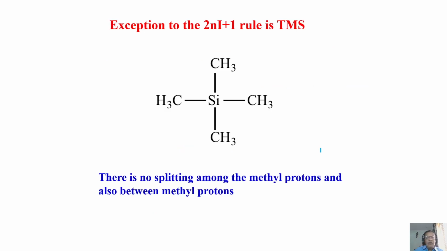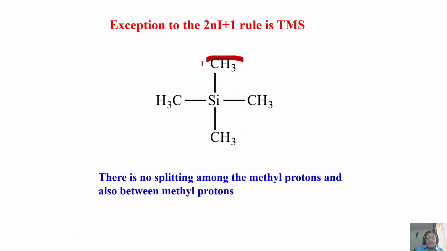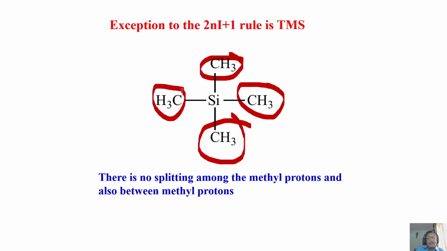Now look at the tetramethylsilane molecule. It's a very simple molecule, and all of you know that. When I discussed chemical shift, I explained that this CH3, this CH3, this CH3, all the CH3s are chemically equivalent, and the protons of each CH3 group are also chemically equivalent.